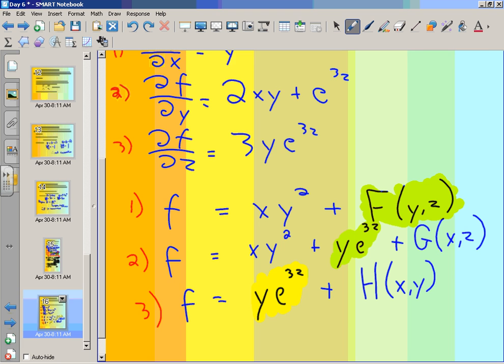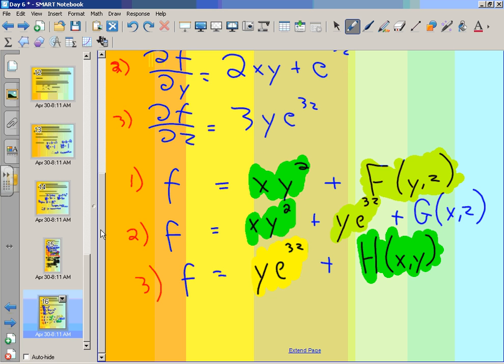And then we also need this h of xy, and that would be the xy squared. And so then g of xz would just be 0. Or we can think of it as being that constant.